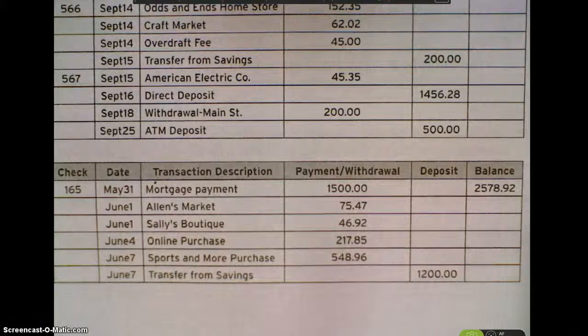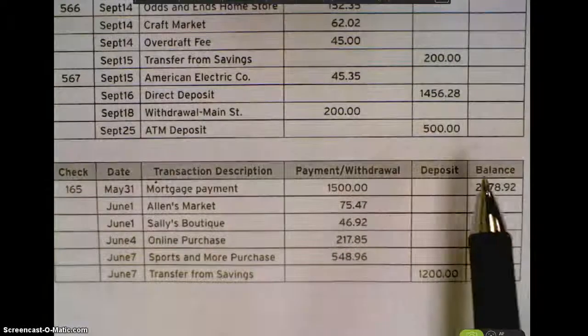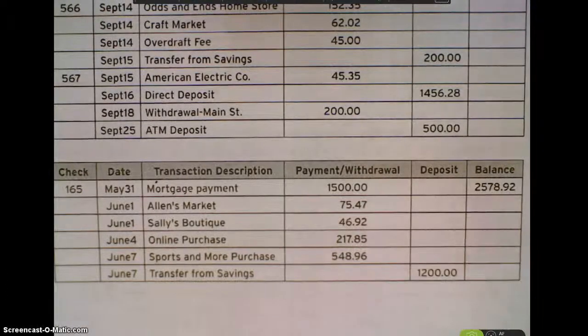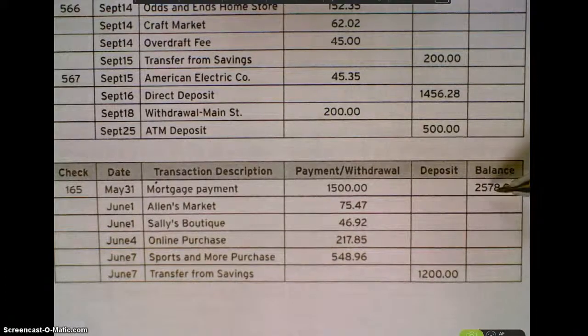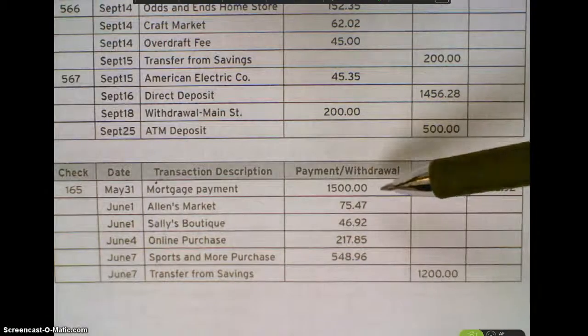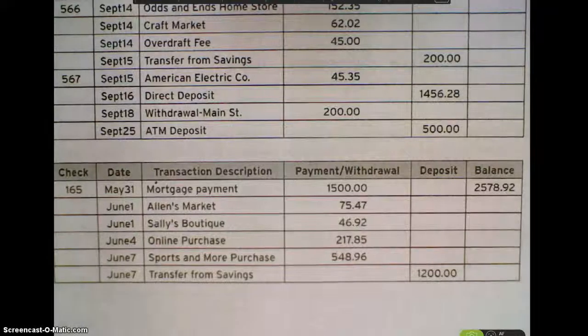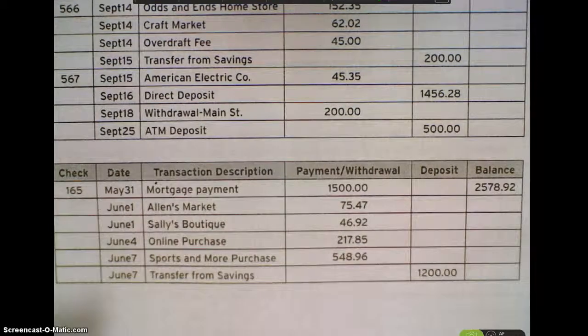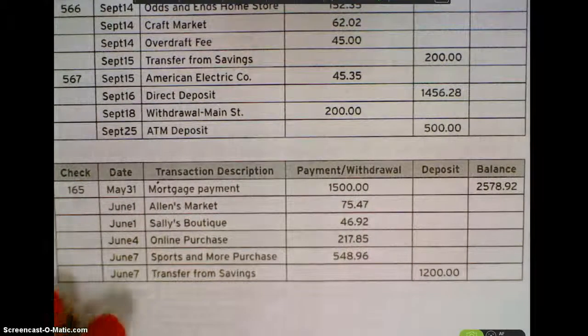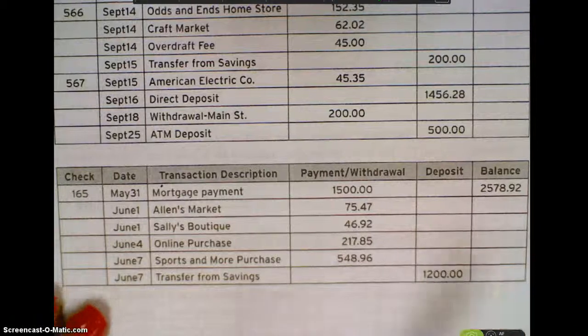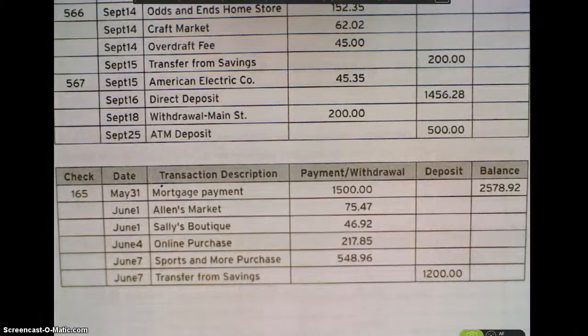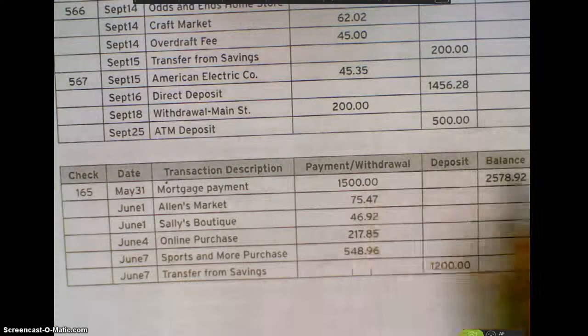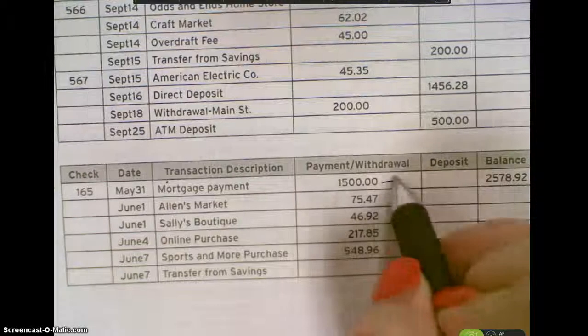So we're starting with a balance of $2,578, and then we are withdrawing $1,500. Let me see real quick. I think that's having you withdraw first, but I'm not 100% positive. Okay, so we're going to assume that this balance is after our mortgage withdrawal.